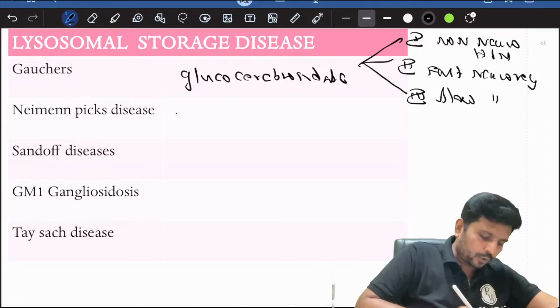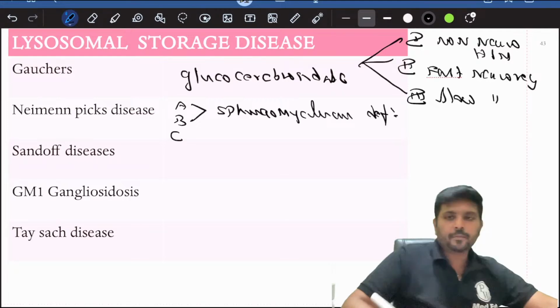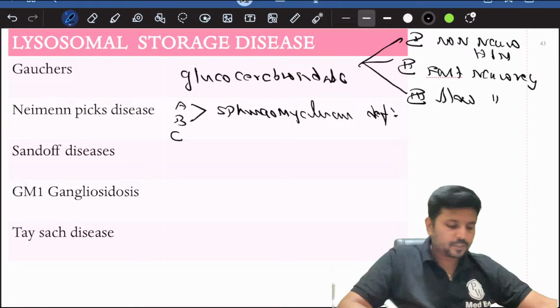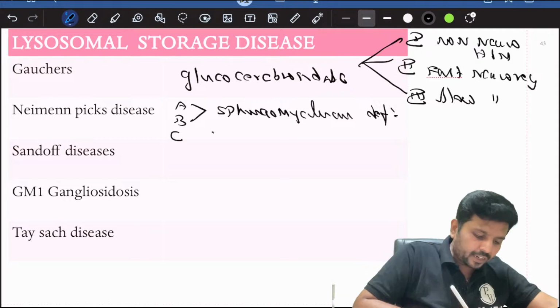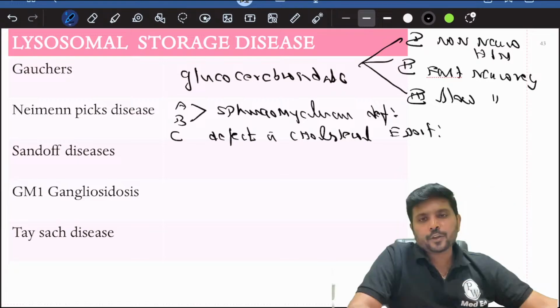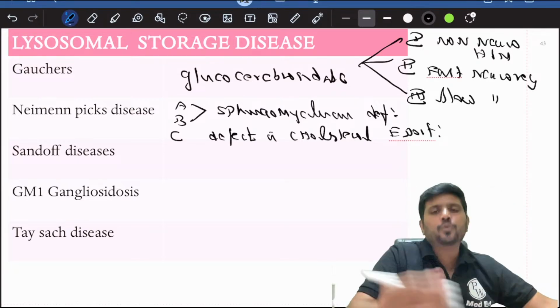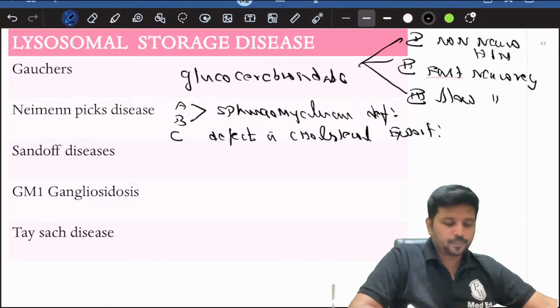Niemann-Pick disease, you all know A, B, C. A and B are due to sphingomyelinase deficiency, whereas C is mainly due to a defect in cholesterol export. That's why cholesterol accumulates diffusely in all cells of the body.